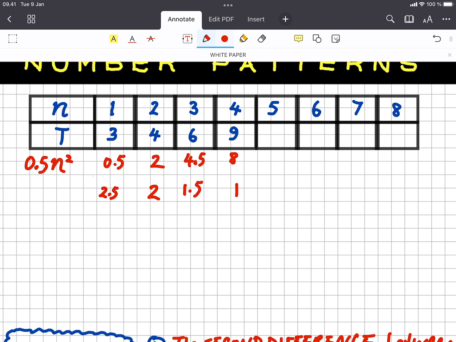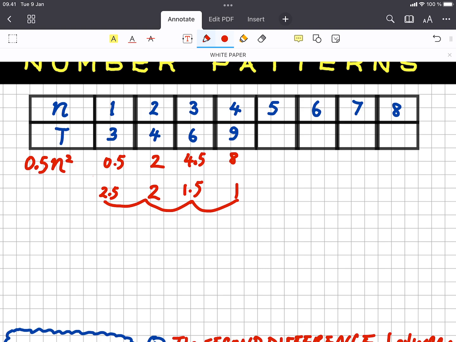And then the next one, we're missing 1. So we need to add something that's going to give us 2.5, 2, 1.5, and 1. And clearly there's a pattern to that. These numbers are going down by 0.5 every time. And that is in itself an arithmetic sequence.